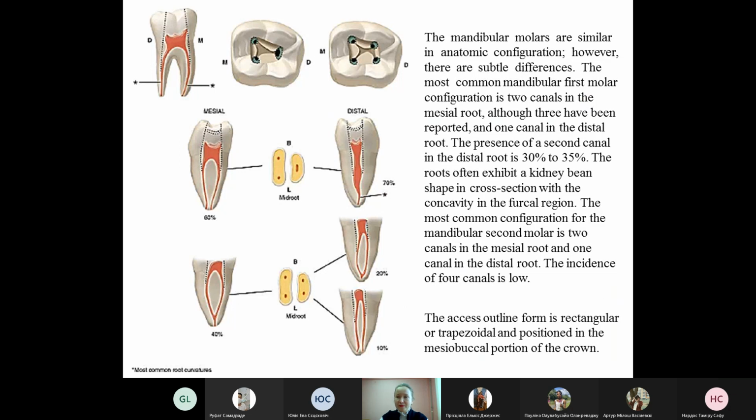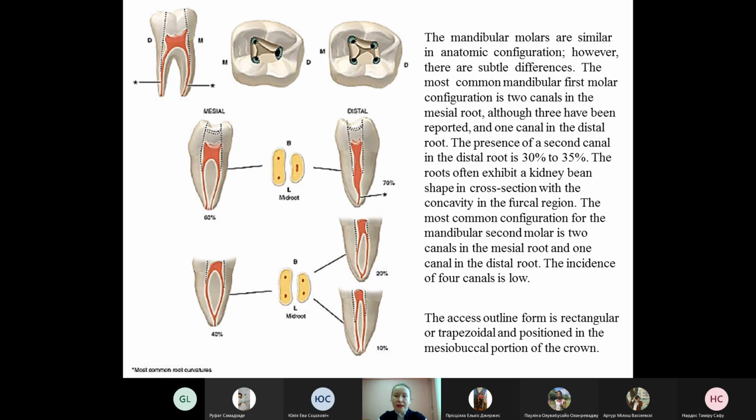Mandibular molars. Both first and second have similar anatomic configuration. However, there are subtle differences. The most common mandibular first molar configuration is two canals in the mesial root. Also, one canal in the distal root has been reported.